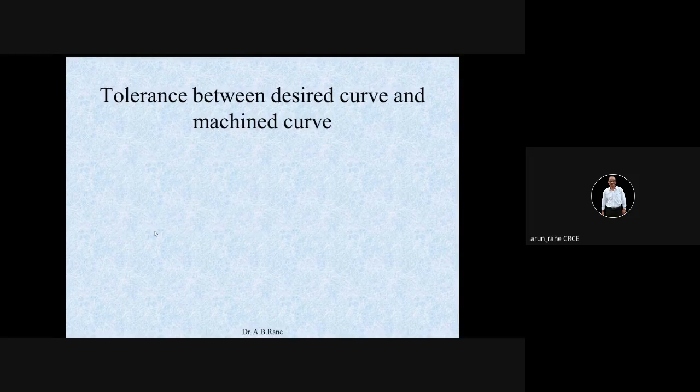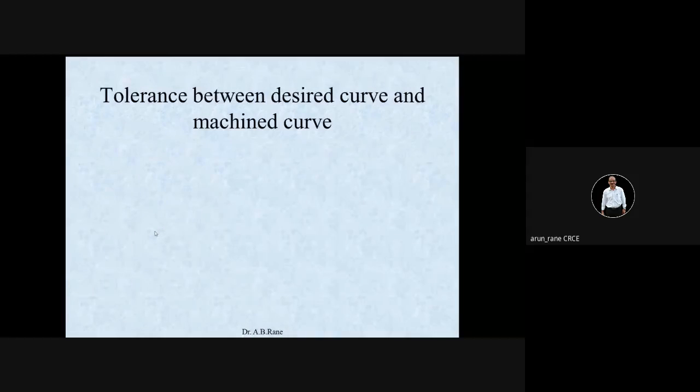So if the question asks what are the different interpolations, then you have to answer that. The next is the tolerance between the desired curve and the machine curve. This is useful when you are selecting the machine.